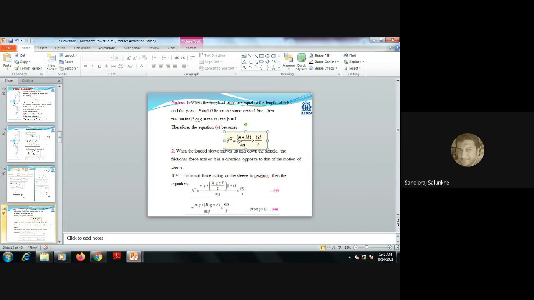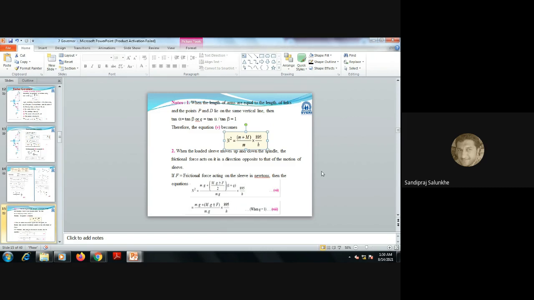Now what is the frictional force? When the sleeve moves up or down, it is the friction between the sleeve and the shaft on which it moves. If we are considering that friction force, then we have to add or subtract this frictional force here.